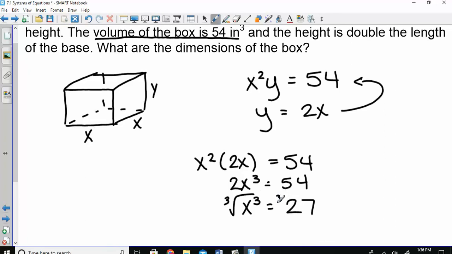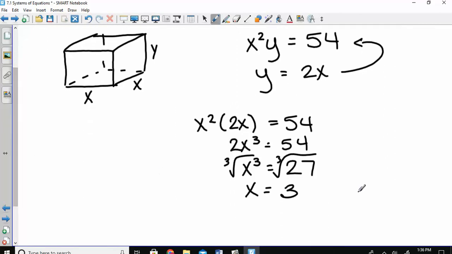Cube root. And the cube root of 27 is 3. So y is 6. We know y is 2 times x, so 2 times 3 is 6.